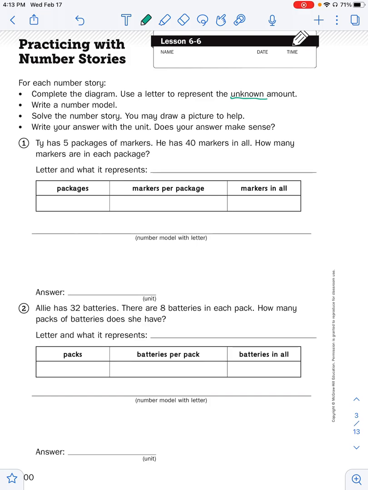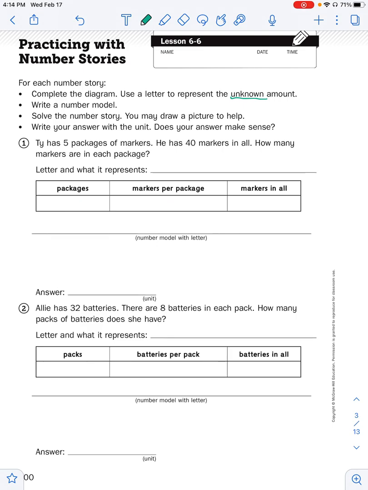So remember, the word unknown means we don't know this amount. If you put numbers in all of these boxes in the diagram, that didn't show me that you understood. You have to put a letter in instead of a number because that's what you're trying to solve for.